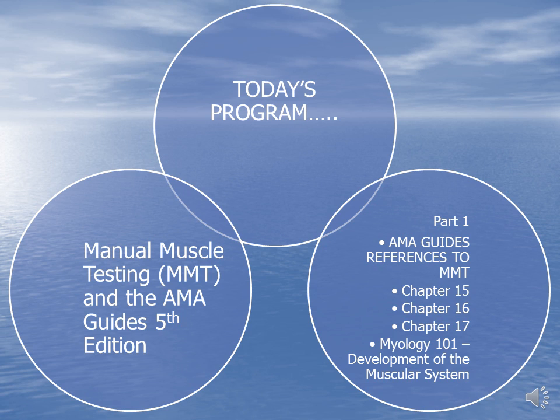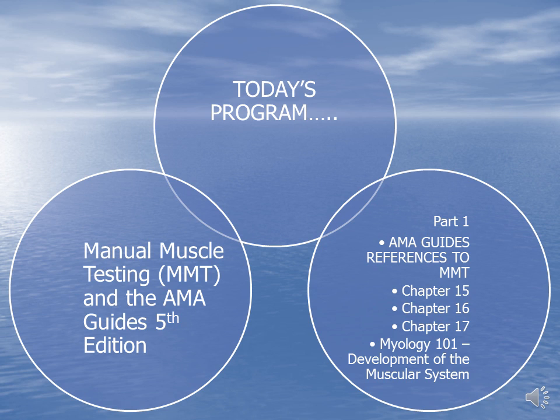And in discussing this with my colleagues, I found that there were as many different methods of doing manual muscle testing as there were colleagues willing to share with me their opinion or their idea as to what it is that the Guides mean when they refer to manual muscle testing.